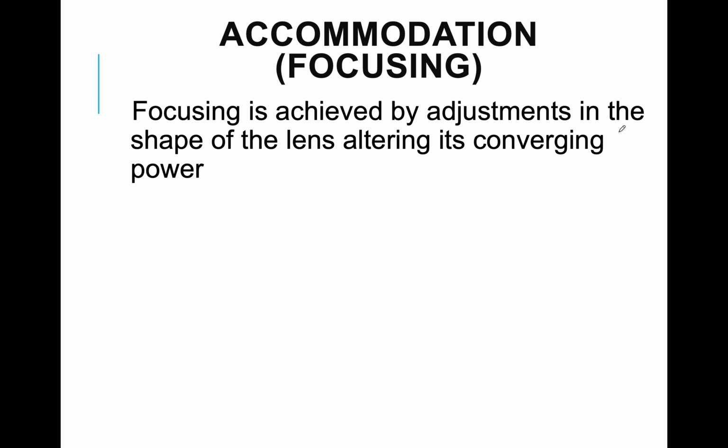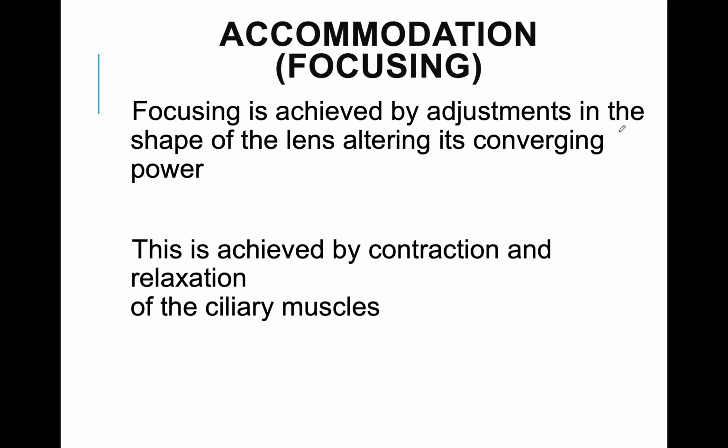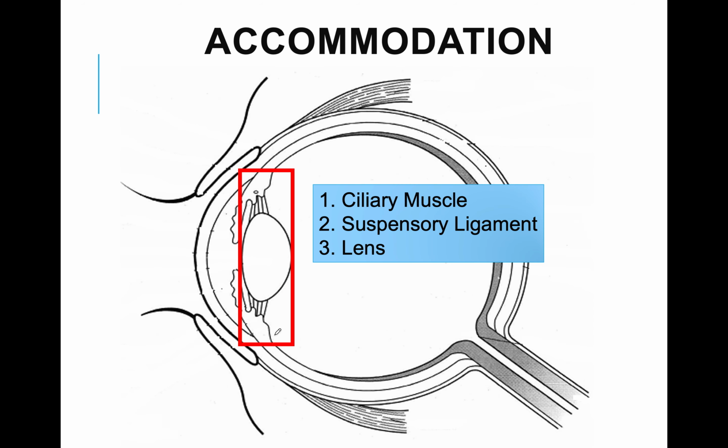So it changes the amount of refraction of light to ensure that the image is formed on the retina and not before or after it. I'll explain that a bit further later. So this is achieved by contraction and relaxation of the ciliary muscles.